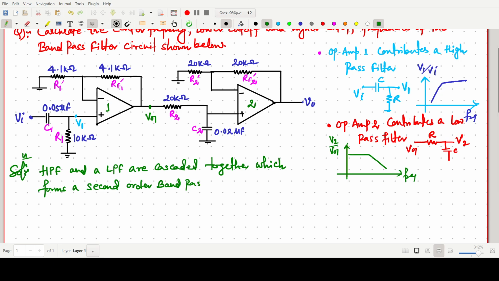We will solve this band pass filter. The basic theory I have already written here. Clear. So now we will do the operation.